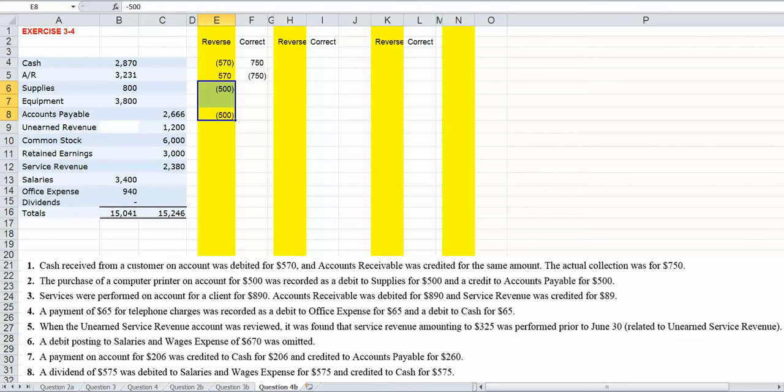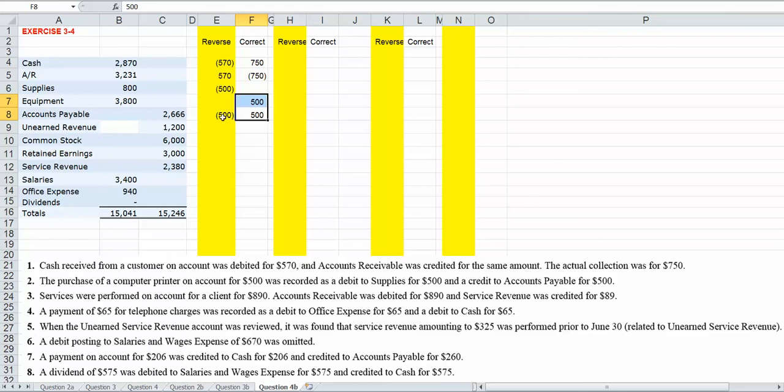The proper entry would have been a $500 debit to equipment and a $500 credit to accounts payable. So we should have seen both accounts payable increase by 500 and equipment increase by 500.